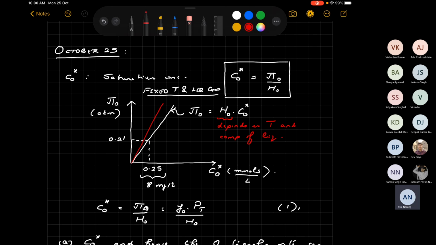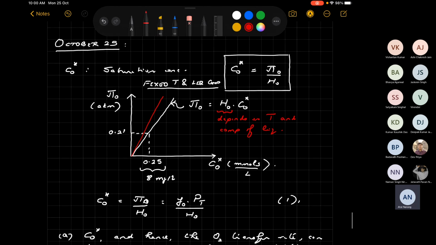So if I do the experiment with pure water, double distilled water, then I might get the white line. But if I start adding salts to the liquid, then its tendency to attract oxygen goes down, and once again the curve shifts upward.